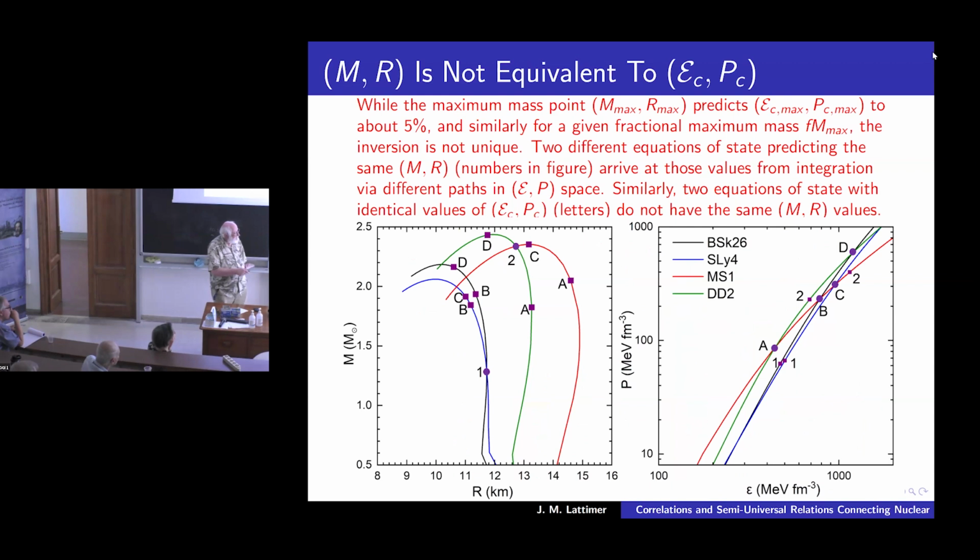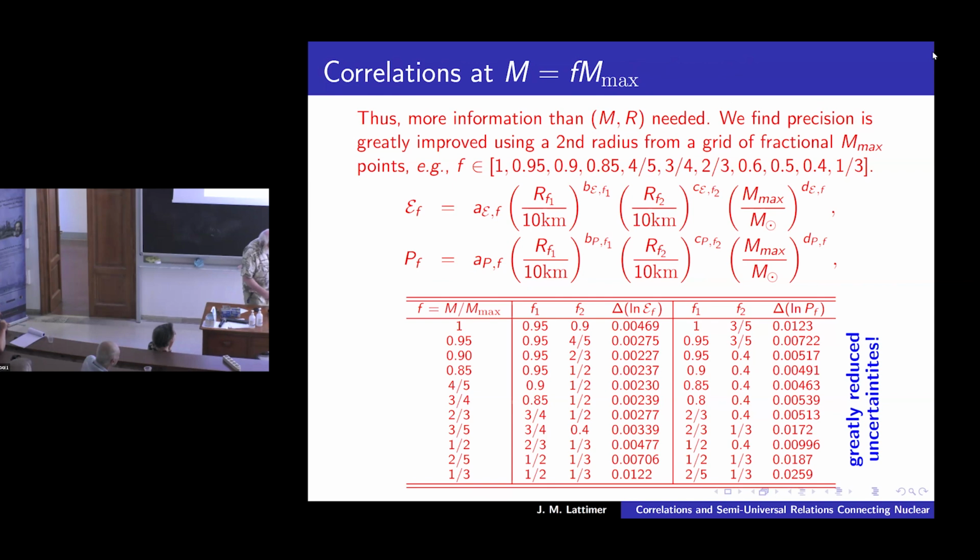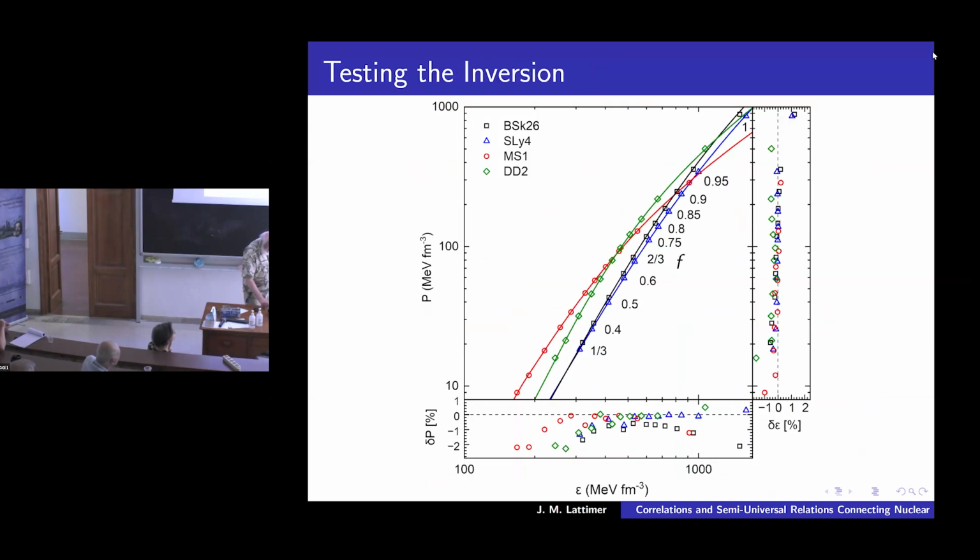First of all, you calculate a mass radius curve from an underlying equation of state. You take these fractional points, then you use these formulas to calculate the energy density and pressure of the centers of those fractional mass stars, and you connect them all, and you essentially can invert the mass radius curve and get back to the original equation of state.